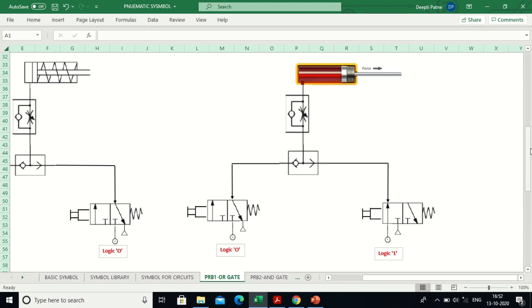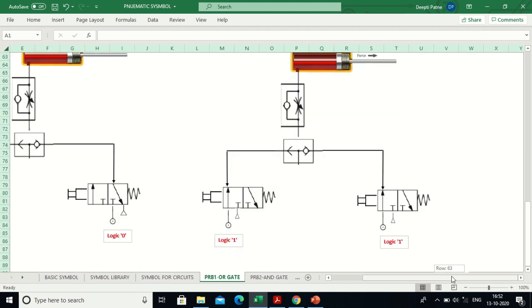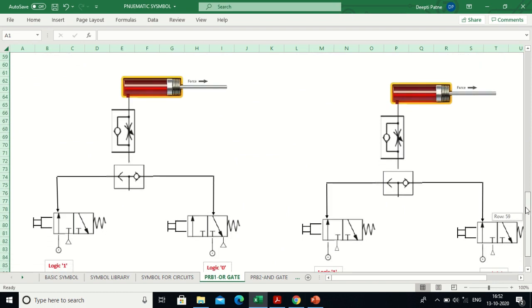Okay, now let's come to the next condition, that is 1 0. 1 0 means I need to give a push to my first 3/2 control valve.